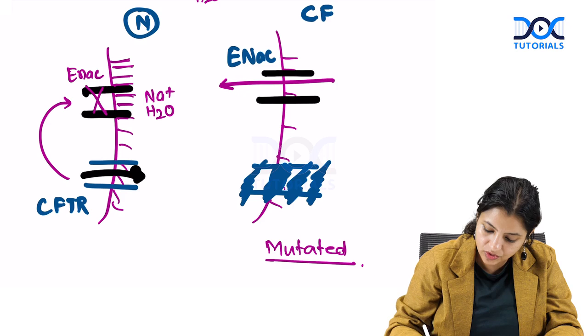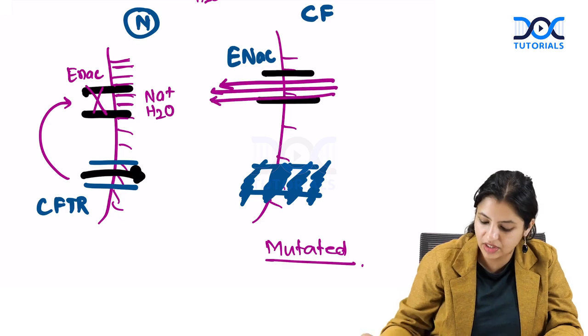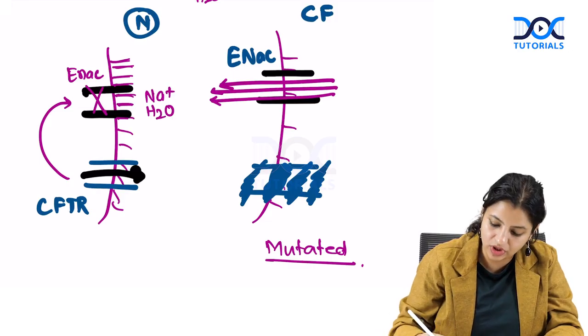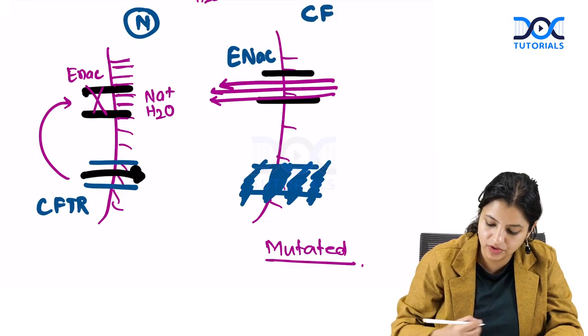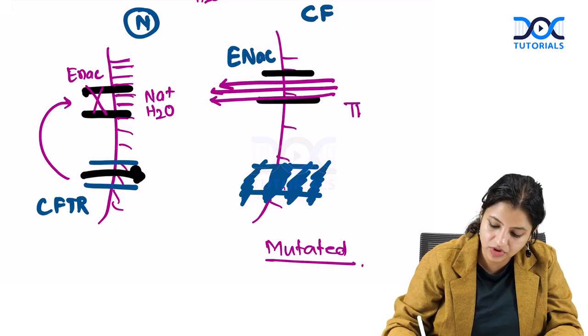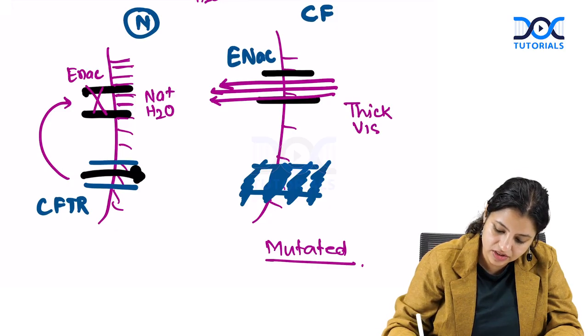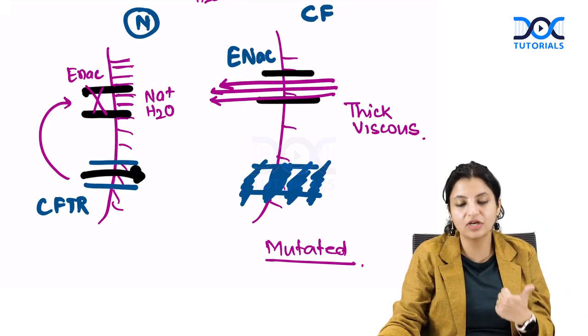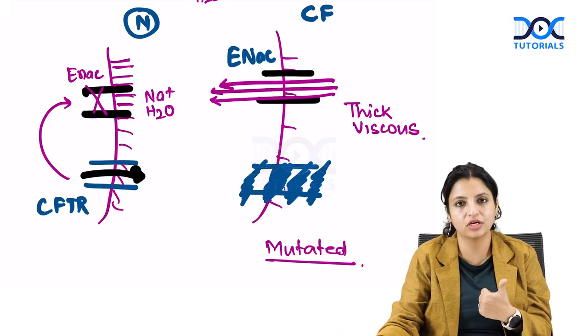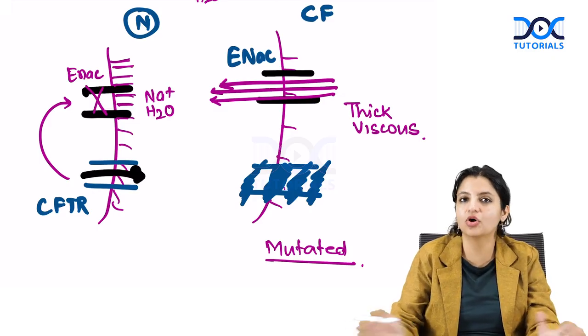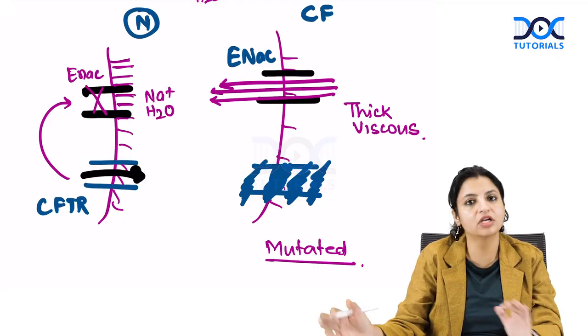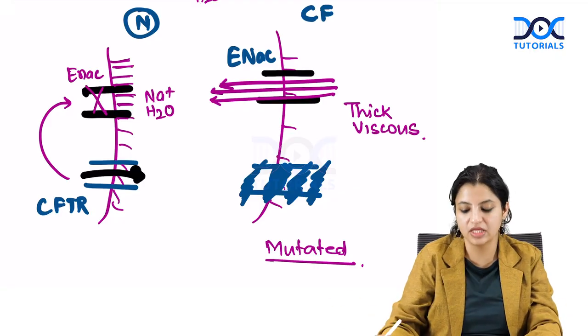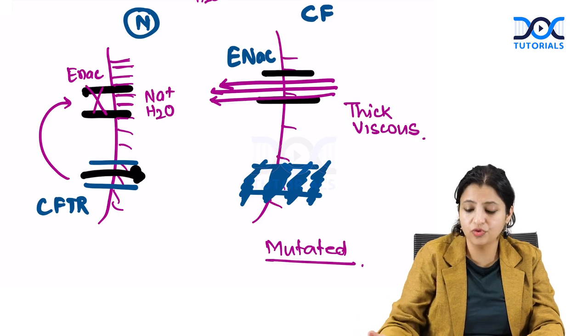All the sodium will keep leaving through the ENaC channel, and water will also keep leaving. This secretion will become thick and viscous, because water has left, sodium has left, and chloride is also blocked there. Because chloride is blocked, it's not going out, while sodium and water are excessively leaving, so the secretions become thick and viscous.